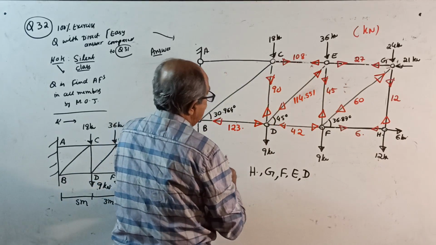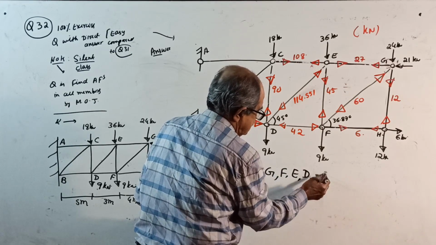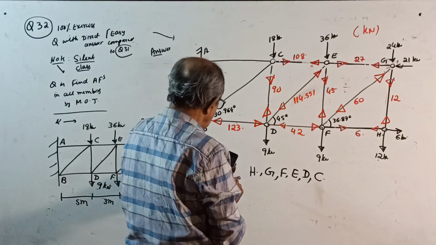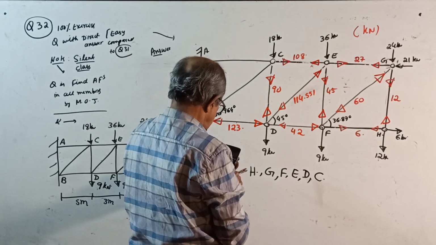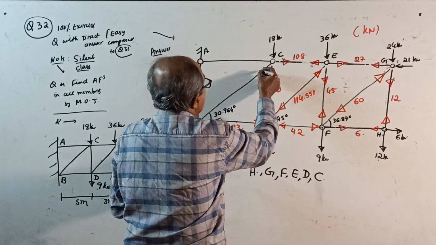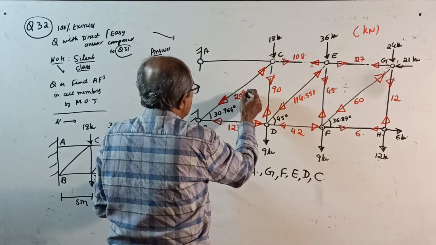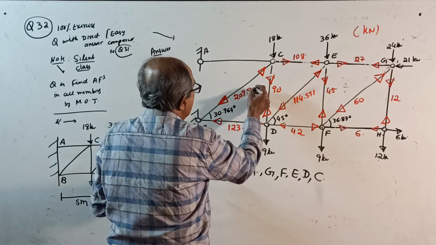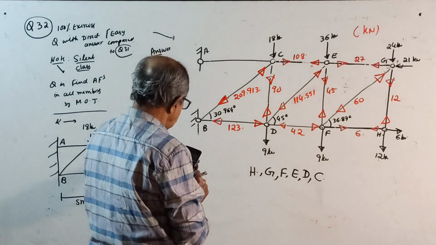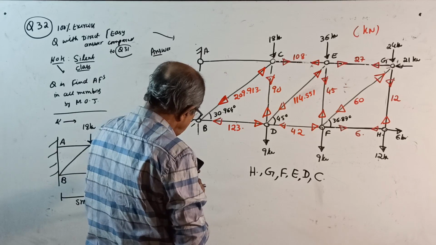Go to C. Plus 18, 90 plus 18, divided by sin 30.964, 209.913. 209.913 into cos 30.964 is 180, plus 108, 288.